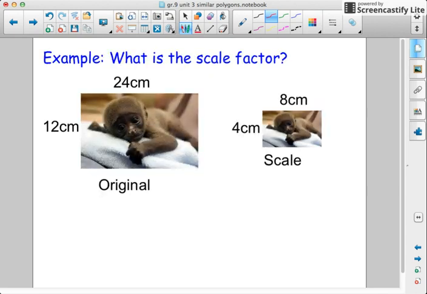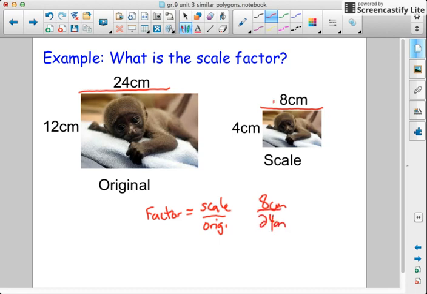So if we look at this picture, let's find the scale factor. This is my original here. My scale is this other one, so I've done a reduction. So I'm going to take this side and this side. The formula for the scale factor is the scale divided by the original. So that would be 8 centimeters over 24 centimeters.